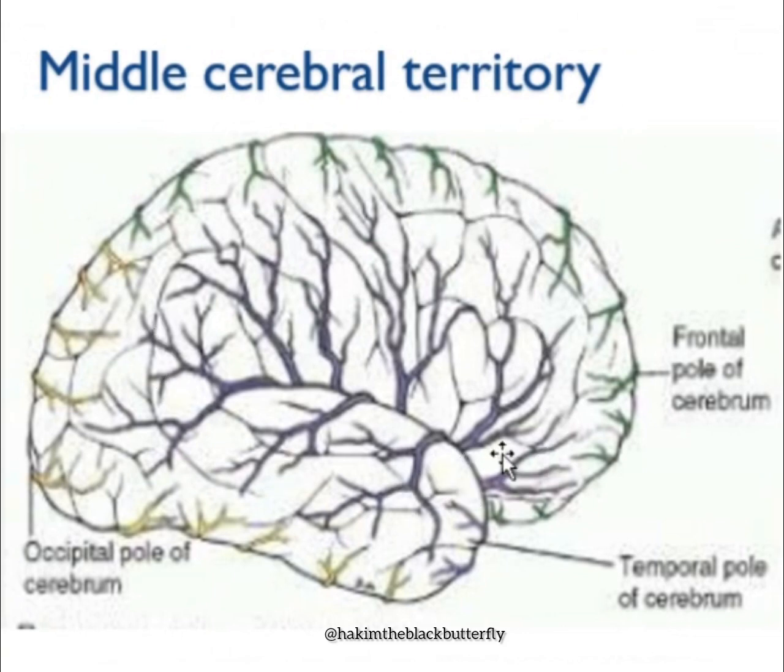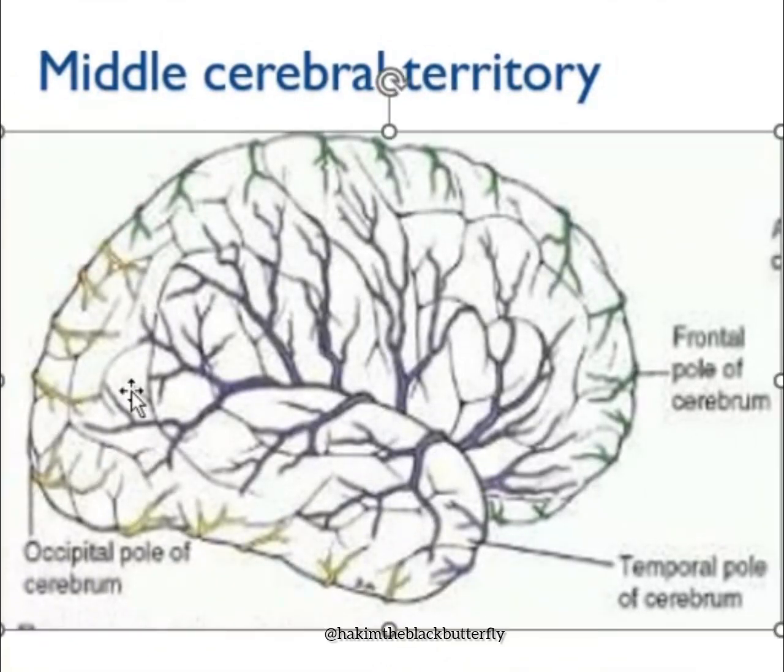the middle cerebral artery. So we can know the areas here. We have the prefrontal cortex, you can see, supplied by these spillover branches of the anterior cerebral artery. We have the motor areas here supplied by the middle cerebral artery. We have these auditory areas supplied by the middle cerebral artery. We have the visual areas supplied by the posterior cerebral arteries.